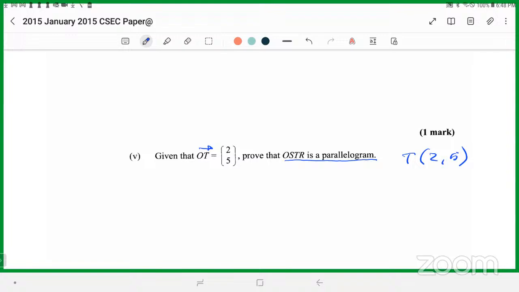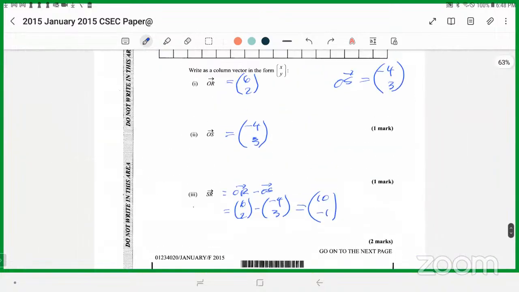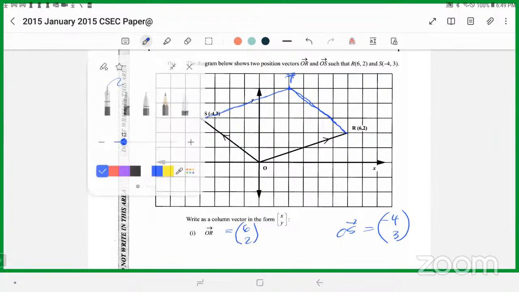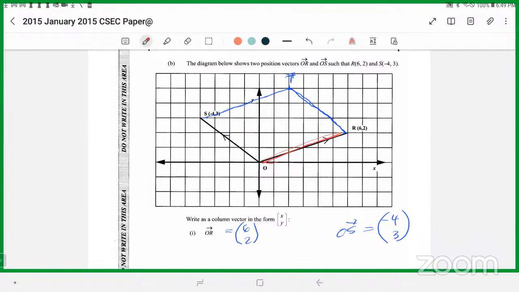So the opposite sides of this parallelogram must be equal vectors. Let's get the orientation right. We can actually put on the diagram and see it, you know, the point 2, 5. So you can actually see what you're working with. So 2, 5, 1, 2, 3, 4, 5. So it's actually up here, this point up here. That's where T is located, all right? So T is right here. So if I complete the parallelogram like this, then basically what we're saying is that this vector on this side must be equal to this vector on this side.